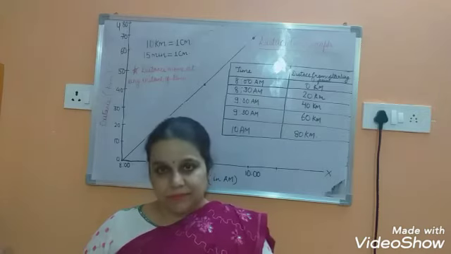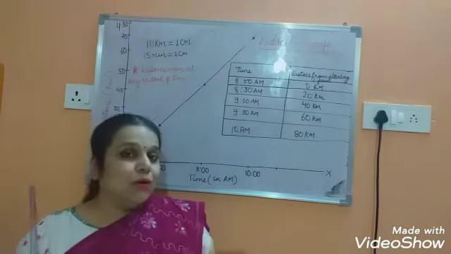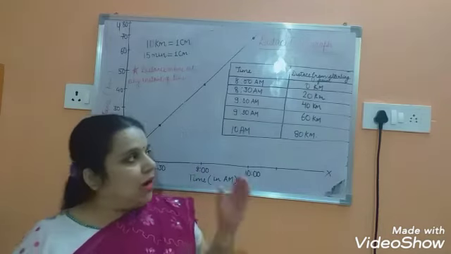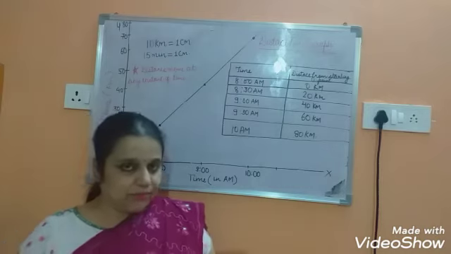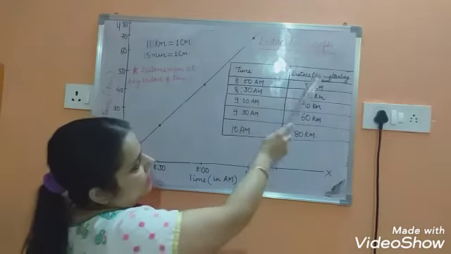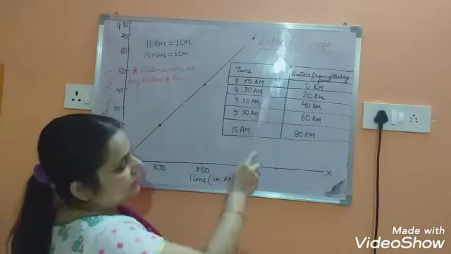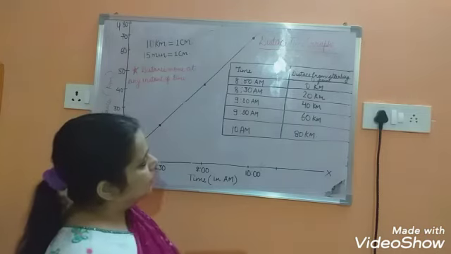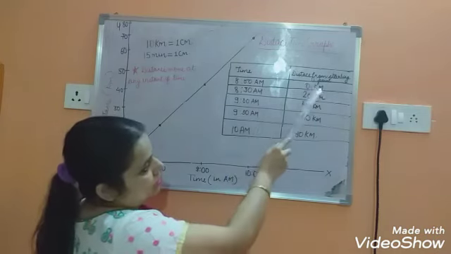Are not that simple. Sometimes we have to take 2 sets of measurements to show the quantities on the x-axis and y-axis. For example, here is a table in which the time is given and the distance from the starting point is given. You can see at 8 am the distance was 0 kilometer.